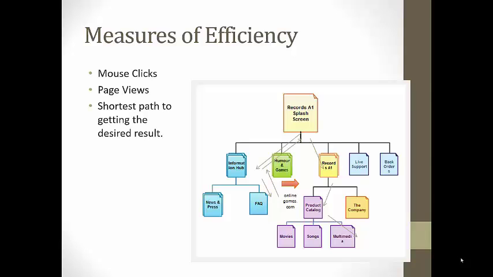They don't see what they want, so they go to the FAQ, then they go back up to the main page, then they go down to get a record, down to the product catalog, and eventually to the multimedia page where they find what they're looking for. But that is not the most efficient path through the website. The most efficient path is 1, 2, 3 clicks, and you're there. So you could measure things like mouse clicks, page views, or the shortest path to getting the desired result.